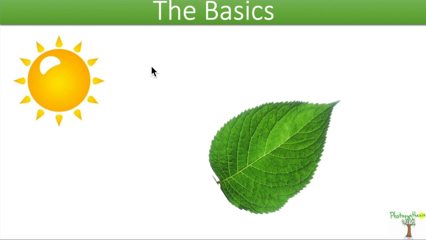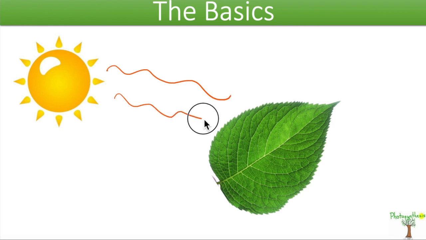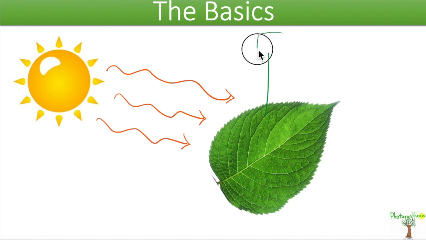Okay, what's going on? So as we know, we have the sun and it has all these radiant energy waves coming down to Earth. However, we can't harness that energy. A leaf can, however, because inside a leaf are these little organelles within its cell. So there's its cell, and there's its nucleus, and we have these little organelles.